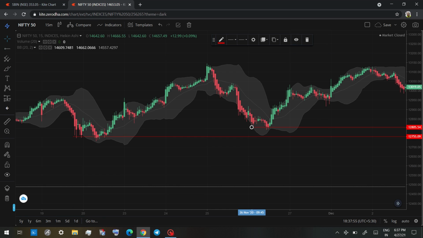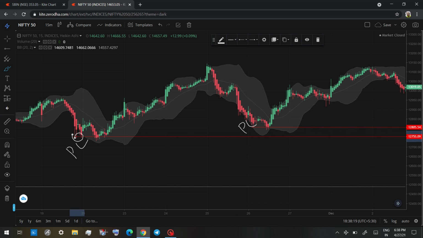In this case, you can see that this is the previous low. If you are going for a trade here, you should check whether it didn't cross the previous low.